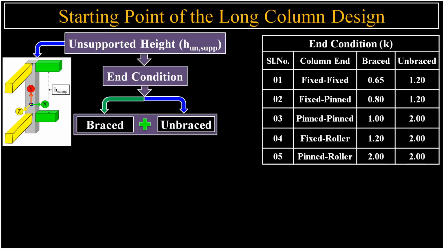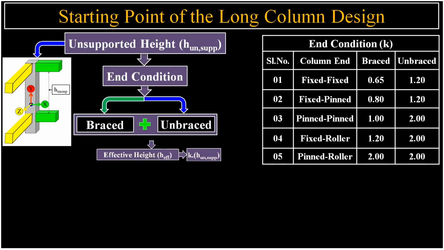For a braced, pinned end, K equals 1.0, and for the unbraced condition, K is 2.0. For a braced, fixed roller end, K equals 1.2, and for the unbraced condition, K is 2.0. And finally, for a braced, pinned roller end, K equals 2.0, and for the unbraced condition, K is also 2.0.